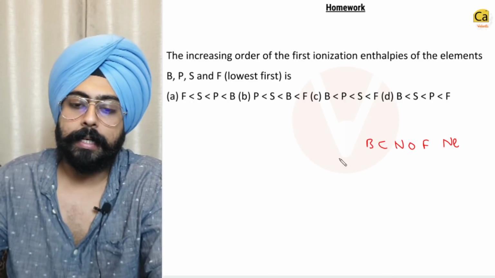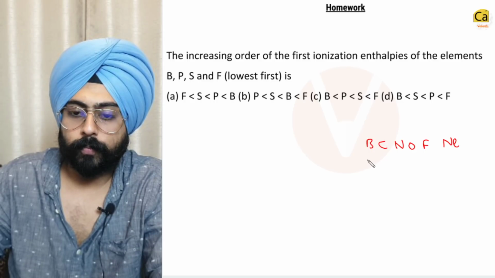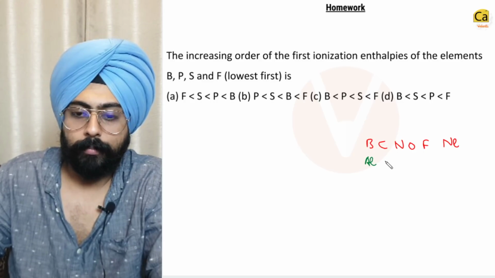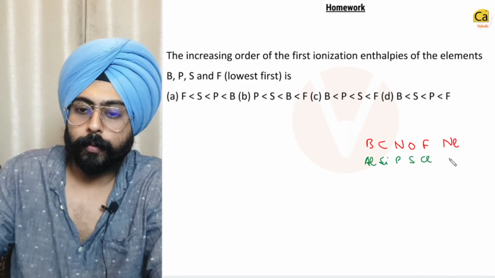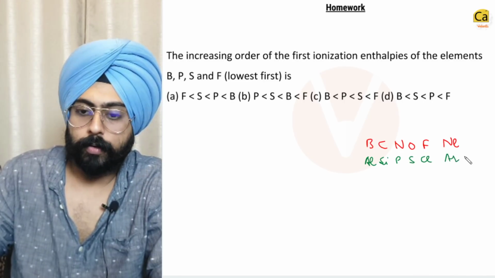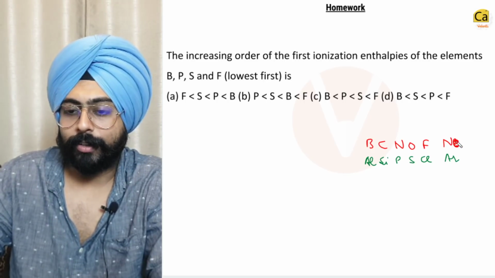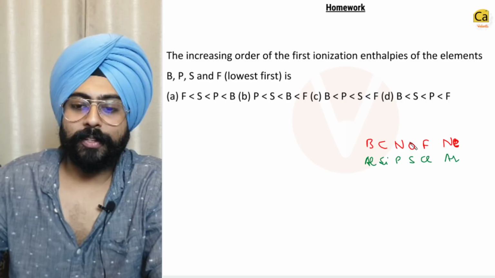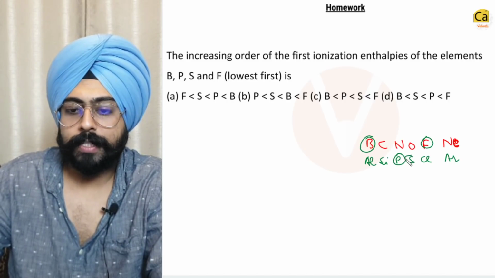I didn't write lithium and beryllium. And if you go to the third period, you would have no need to make all of them, but still in case you want, I'll make it for you guys. This is neon. So the elements in question are boron, fluorine, phosphorus and sulfur.